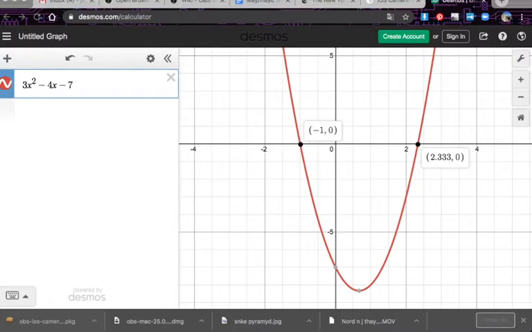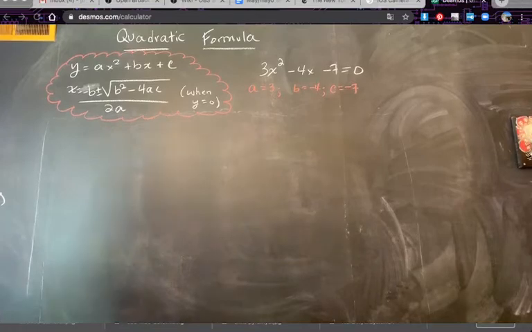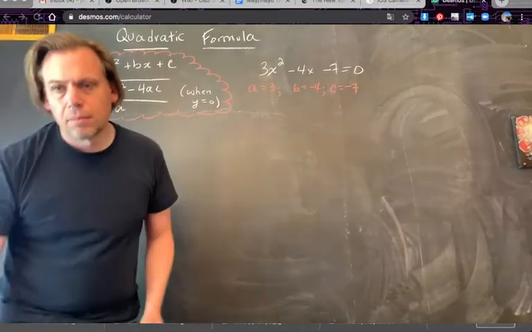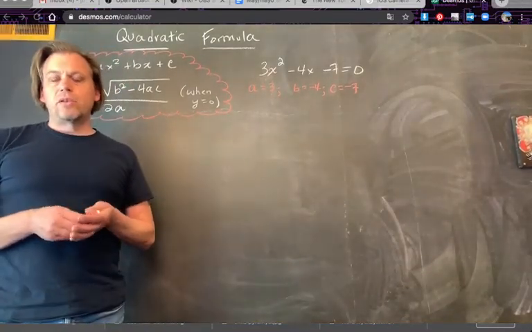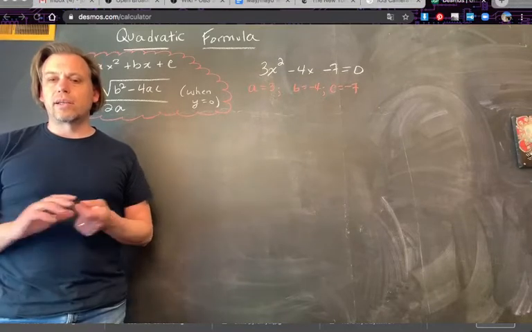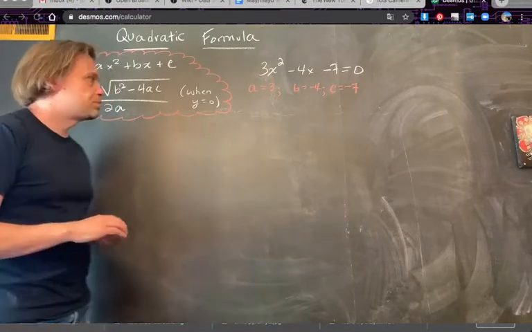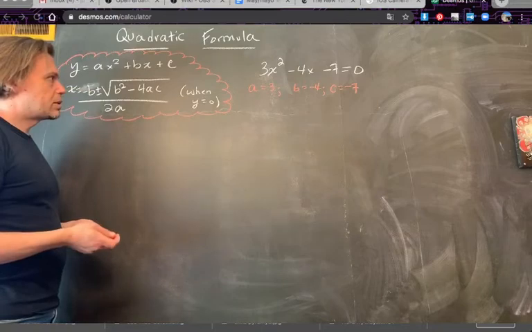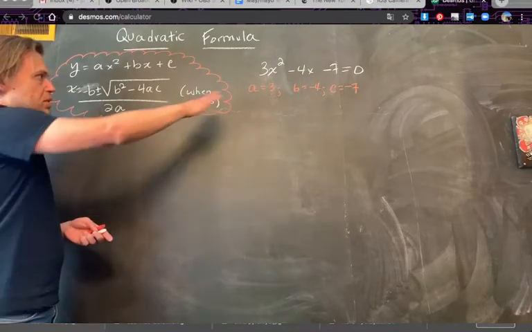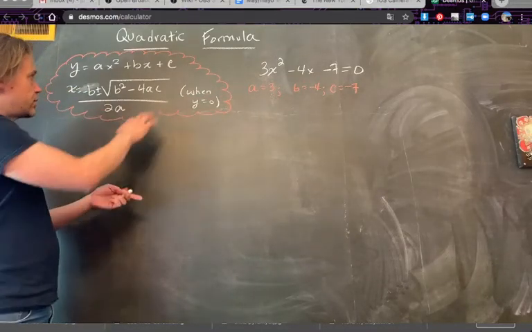If I can get this camera back on. There we go. Here we are again. So, negative 1 and 2 1/3, I think, is what it said our answers were when we graphed it, right? So, what I'm going to do here now is substitute those values into this formula.